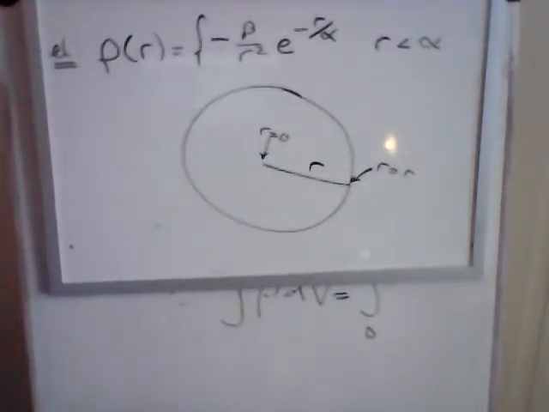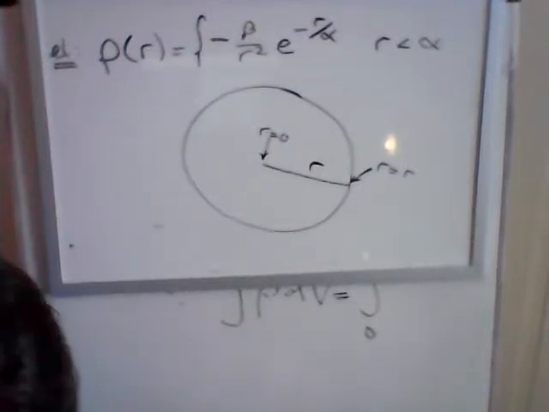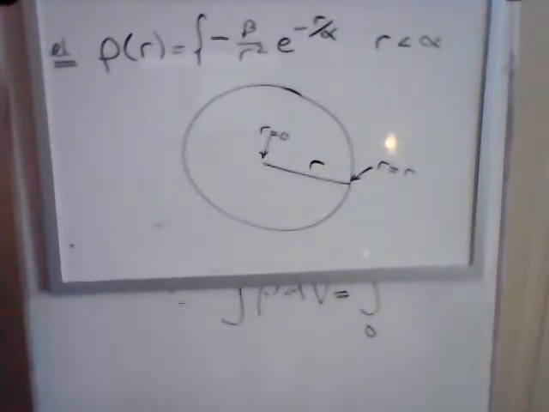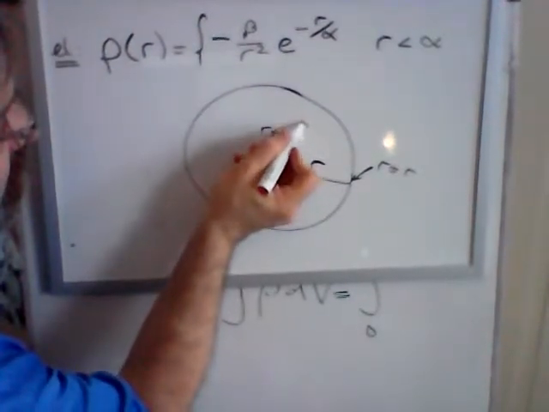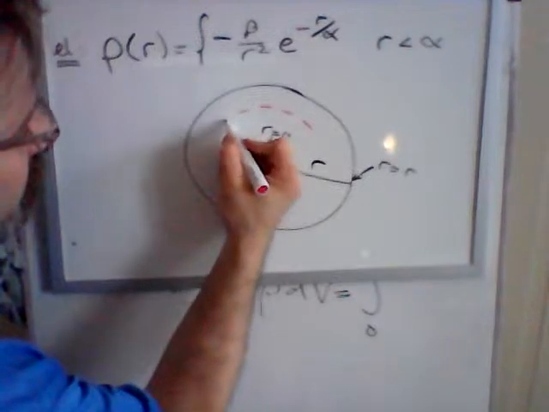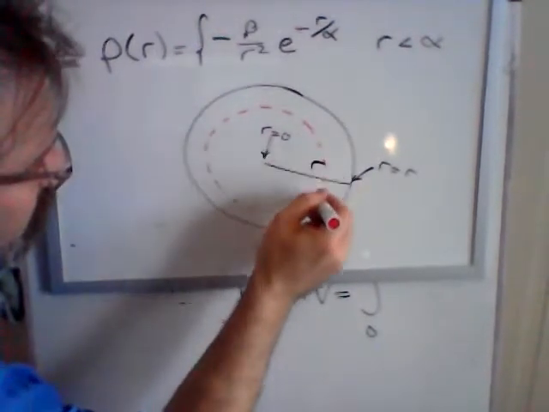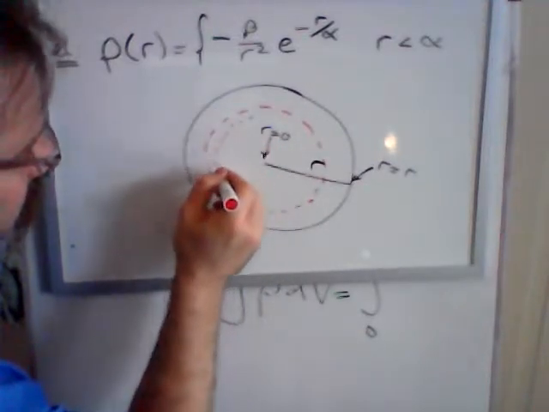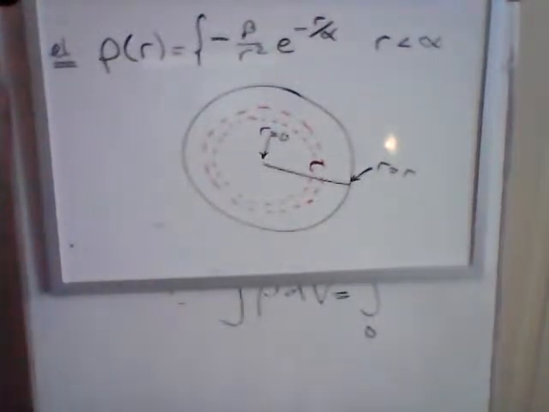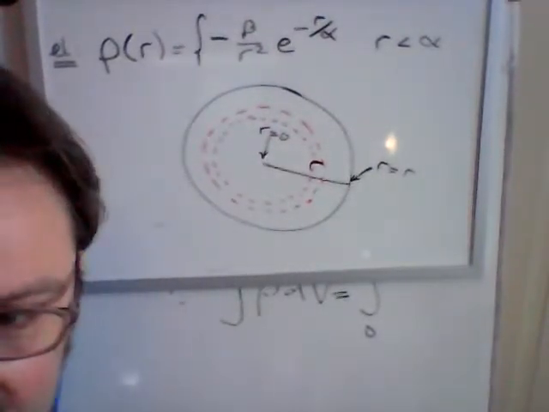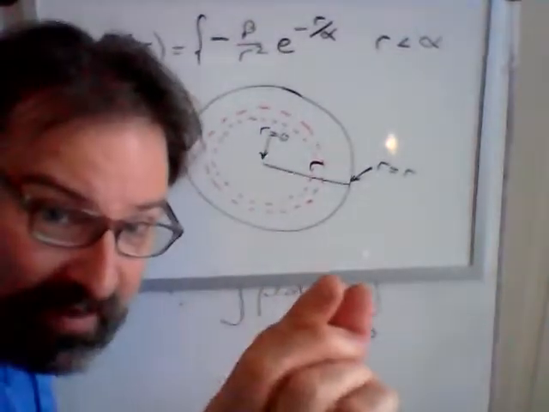So for example, if we look at this radius right here, at this radius, we have a certain onion skin, and it's very, very thin.